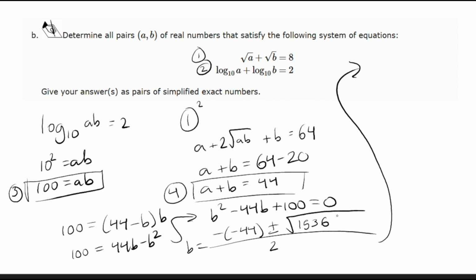So 512, what is that number? It looks like a nice number, right? We know 2 to the 10 is 1024. Divide that by 2, we get 512. So 2 to the 9 is 512. So we get 44 plus or minus the roots of 3 times 2 to the 9.